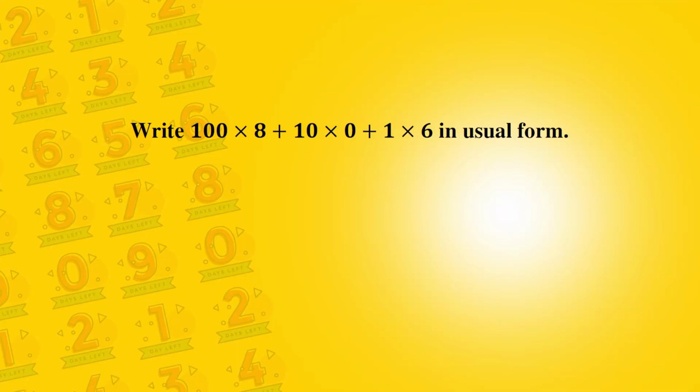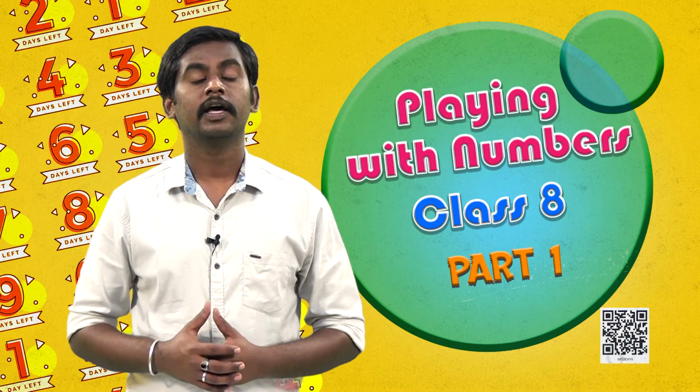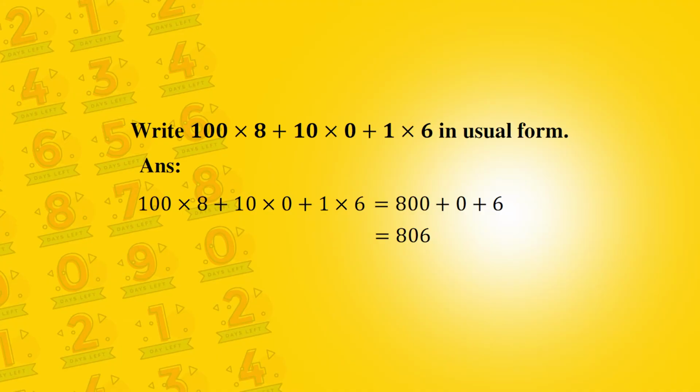Write 100 times 8 plus 10 times 0 plus 1 times 6 in usual form. Yes, we observe that 100 times 8 is 800, plus 10 times 0 is 0, plus 1 times 6 is 6. So, the sum is 806.